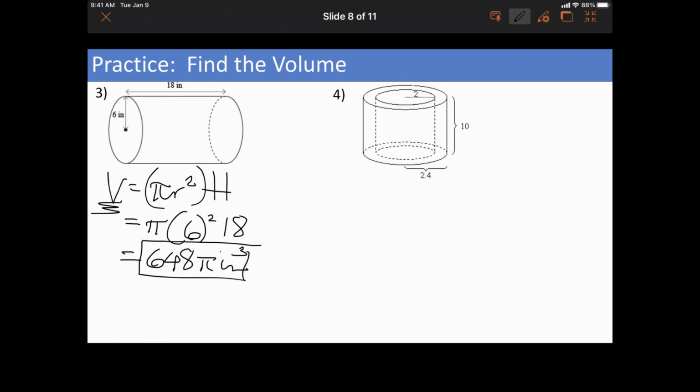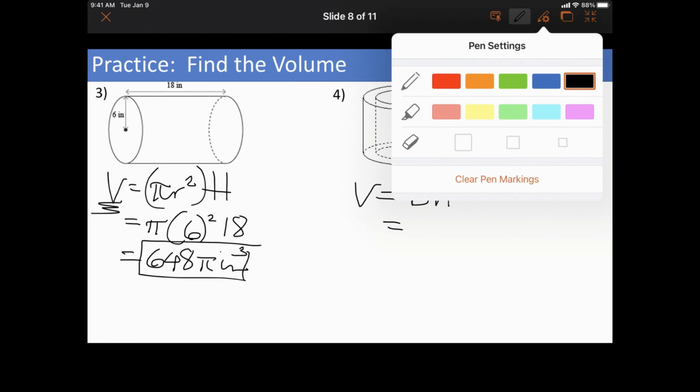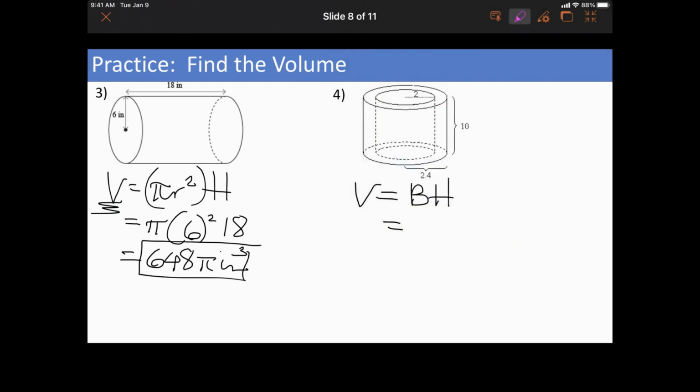All right, so let's look at this. So this is base times height. But my base now is not a complete circle. So it looks a little weird, and you're like, how do you know what it is? It is supposed to be a pipe. Like a pipe, it's hollow in the center.